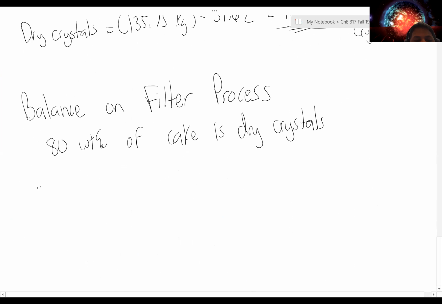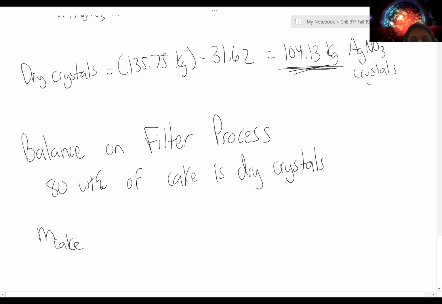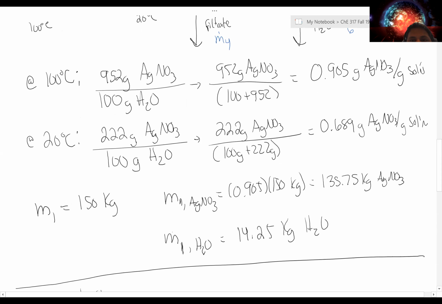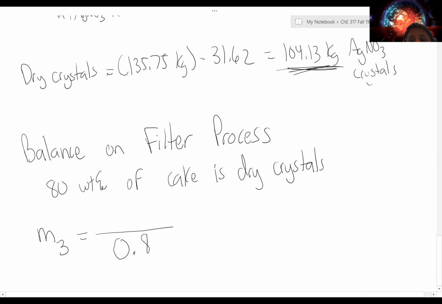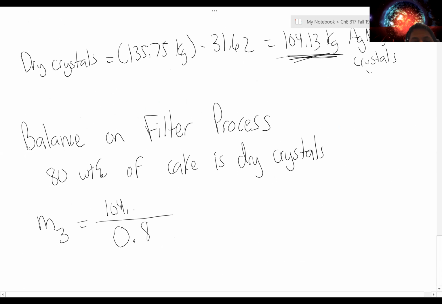Then the mass of that cake, which should be M3, is the mass of the dry crystals divided by 0.8, which the mass of the dry crystals was 104.13 kilograms.